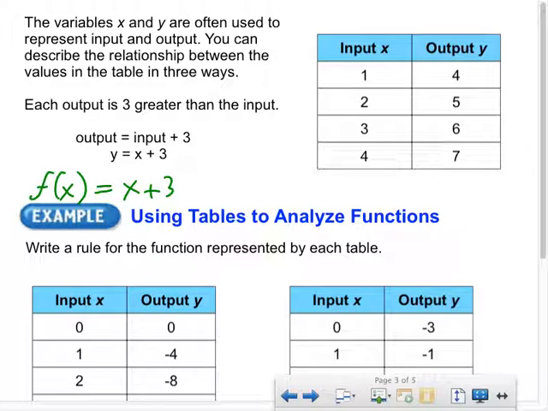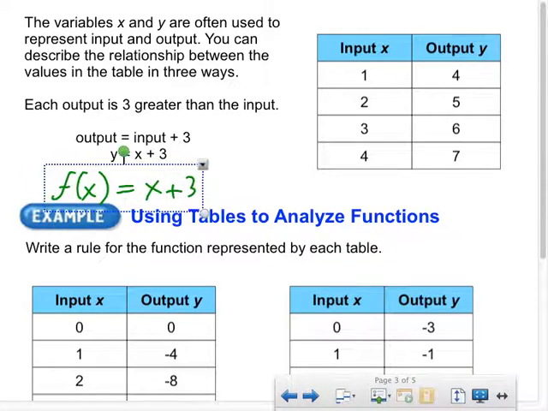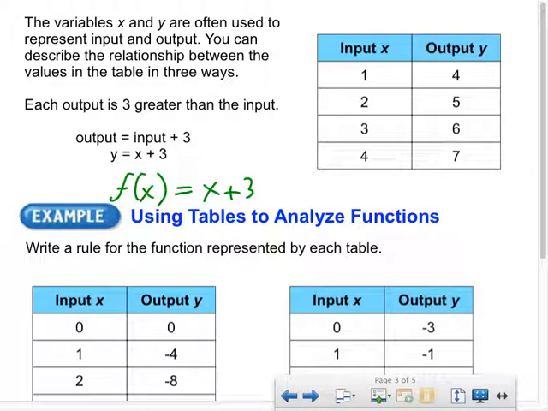And y is just the result of the function of x. Do you guys understand? So if I plug in x and I simplify this expression, that's what y is, but that's also another way to write the function. So let me show you guys how to think about this.